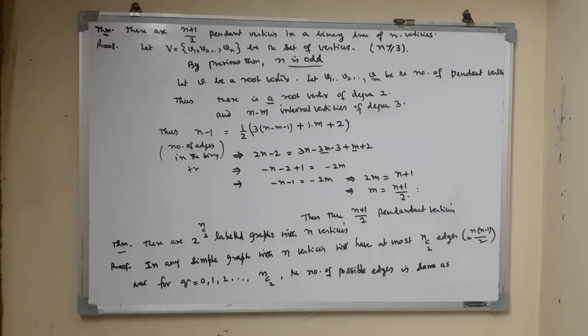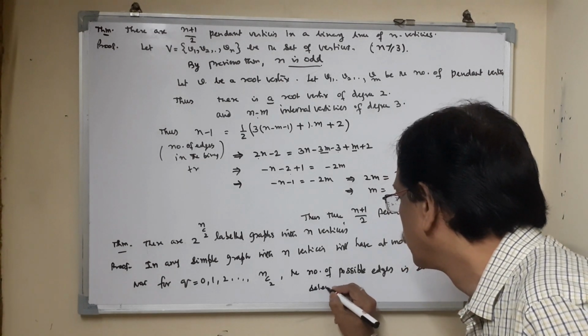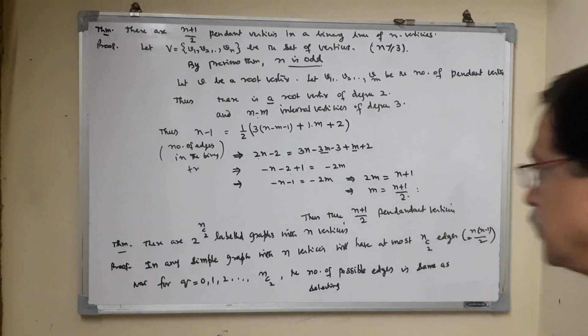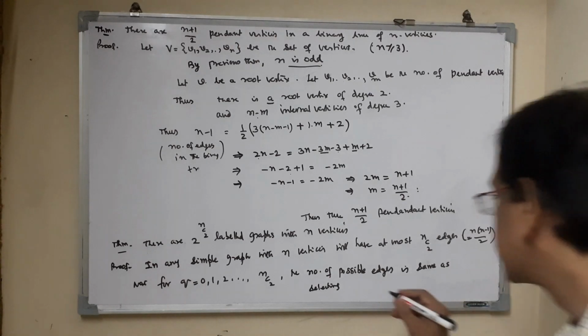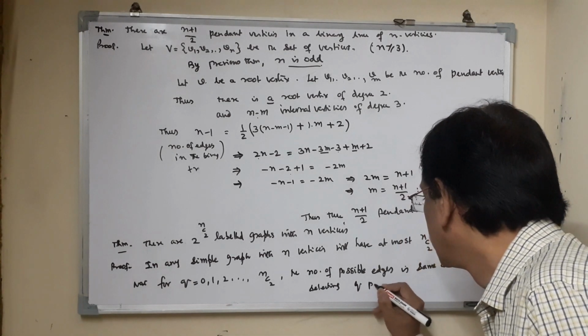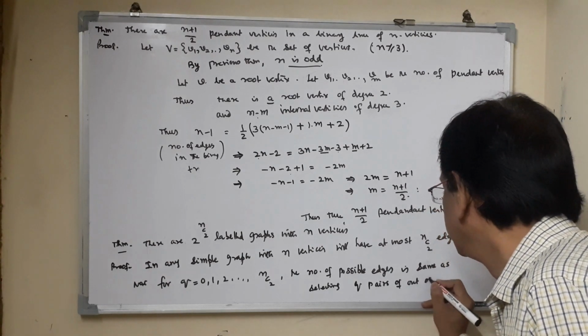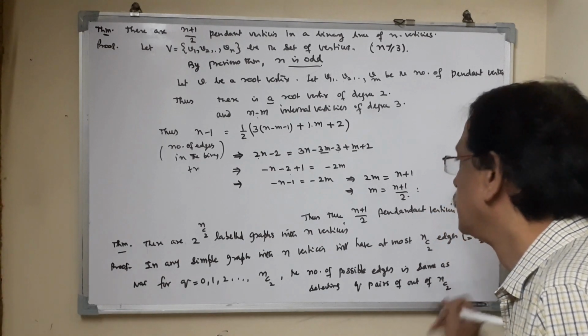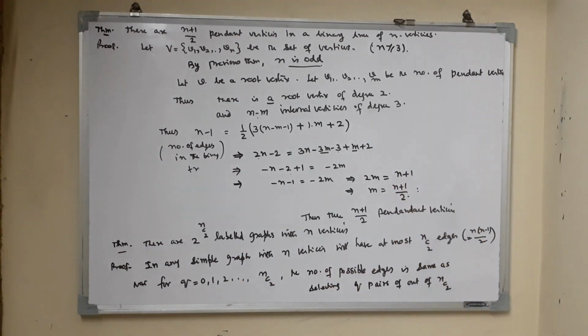This is the same as selecting q pairs out of nC2. I have nC2 pairs, and I'm selecting q of them.